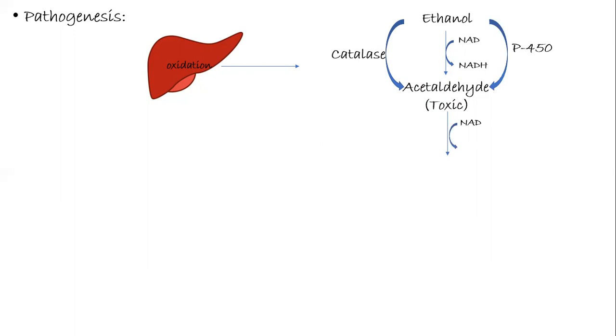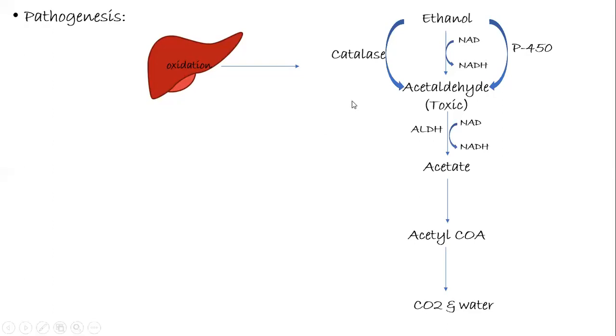NAD is converted to NADH here, and the enzyme responsible for conversion of acetaldehyde to acetate is ALDH, that is, aldehyde dehydrogenase. Now this acetate is converted to acetyl coenzyme A. This acetyl coenzyme A is converted to carbon dioxide and water.